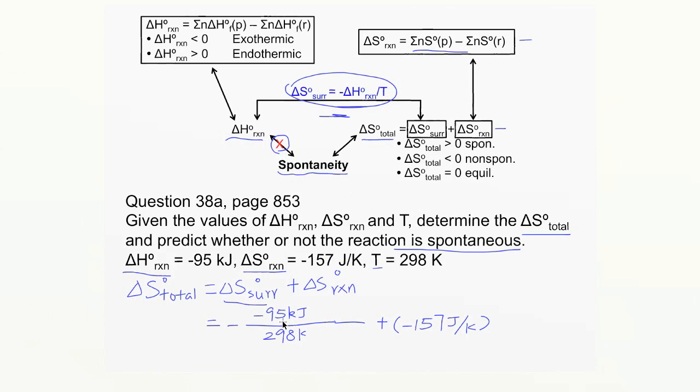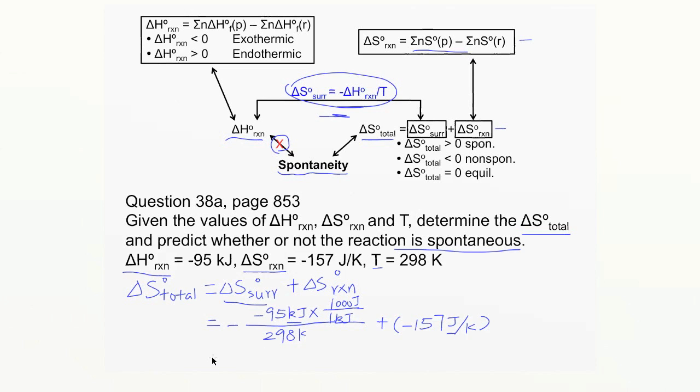When you look at the units, this is a kilojoule and this is a joule. In order to add them, you have to make sure those two items have the same units. So that's why we need to convert the kilojoule to joule. 1 kilojoule, that is 1000 joule.